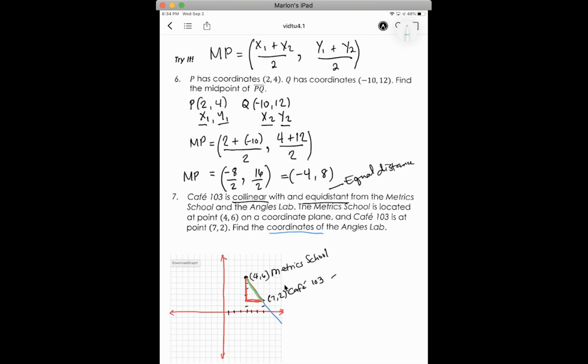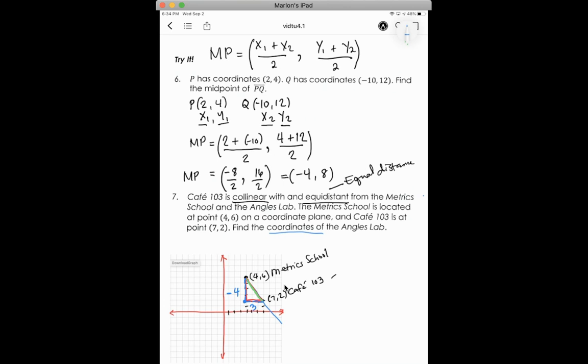So if we follow from (4, 6), you notice that it goes down, let's count squares. 1, 2, 3, 4. So it went down 4, and it goes 1, 2, 3 to the right.